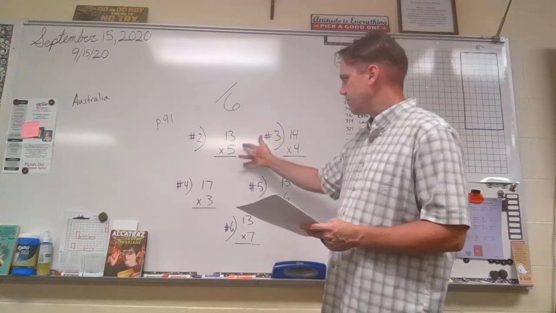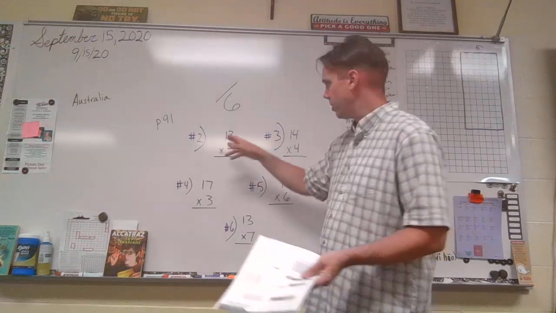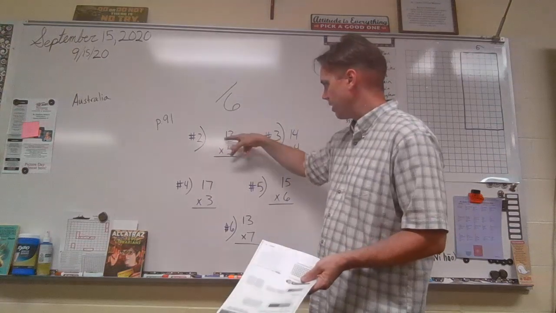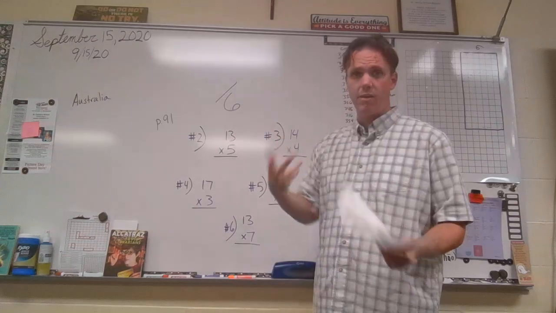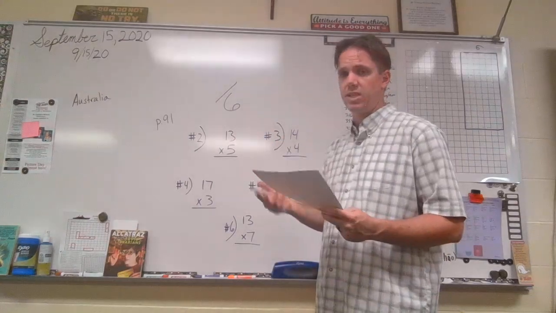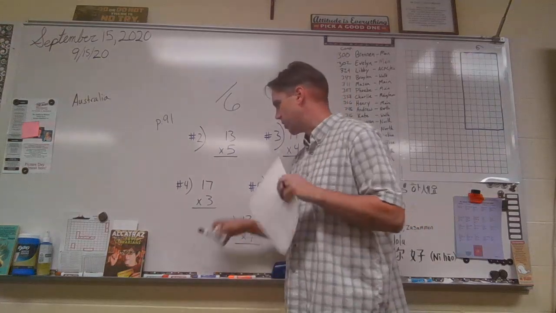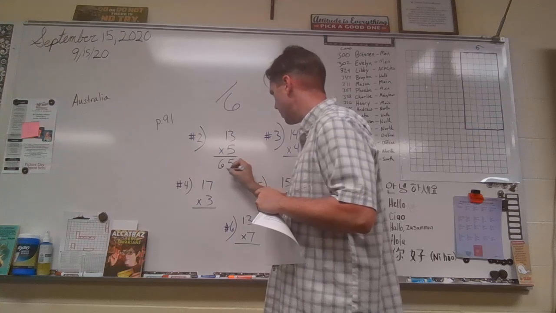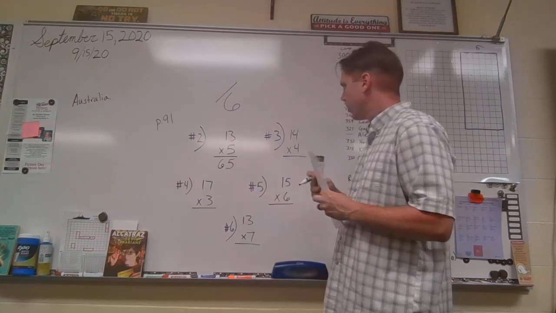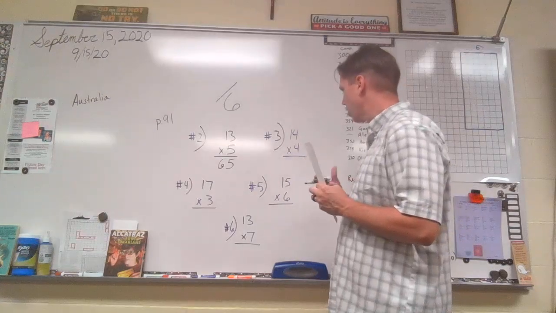But 13 times 5, the way you should have probably broken it up is 5 times 3 and 5 times 10. 5 times 3 is 15, 5 times 10 is 50. 50 plus 15 is 65. So the answer to number 2 is 65.